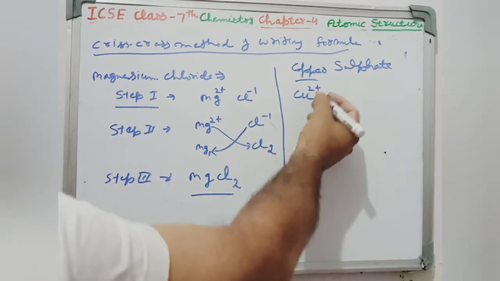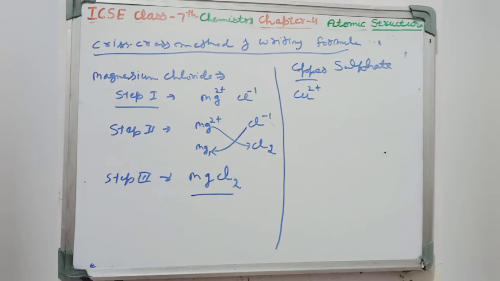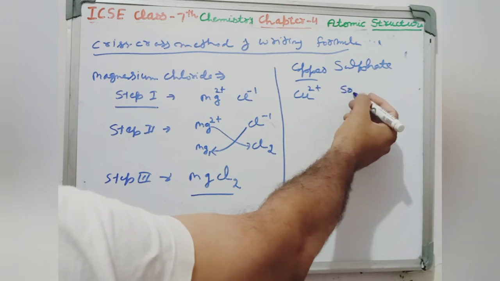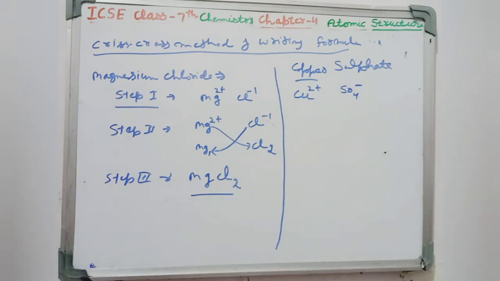Copper is Cu2+, cupric. Here it is cupric, the higher valency, Cu2+. Now sulfate is negative, SO4 2 negative. You understand this? Then it is simple.